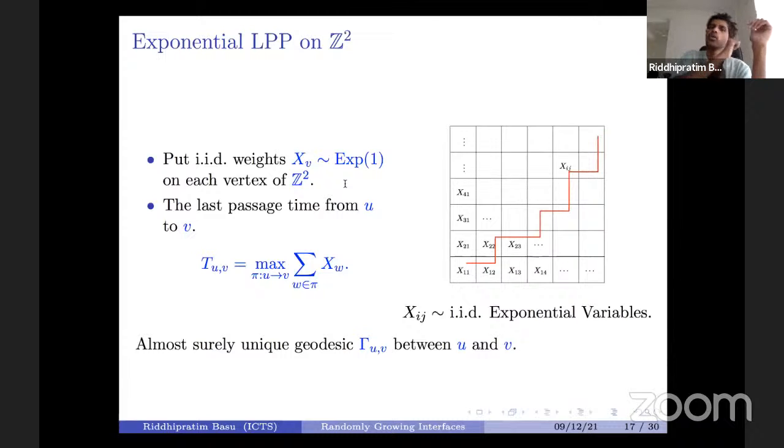Okay. So what I'll do is that we will not directly study this corner growth model. We'll study a reparameterization of this model, which I find somewhat easier to study, called last passage percolation on Z^2.